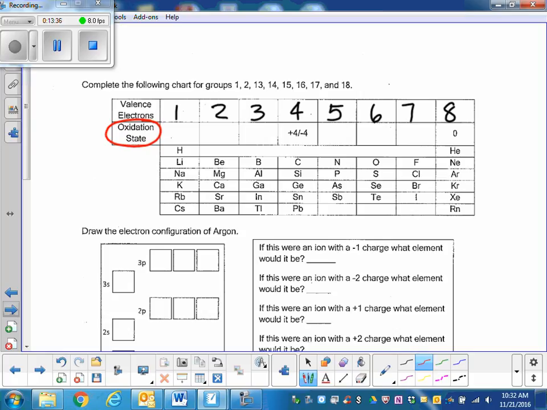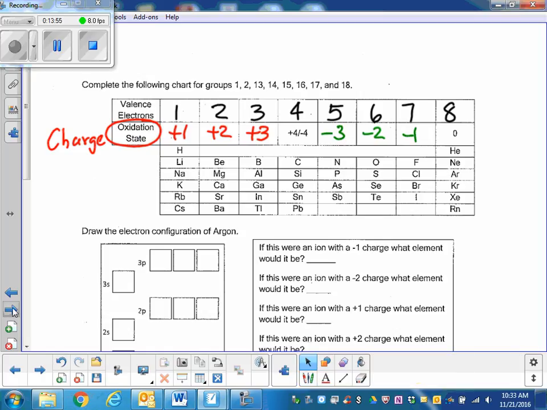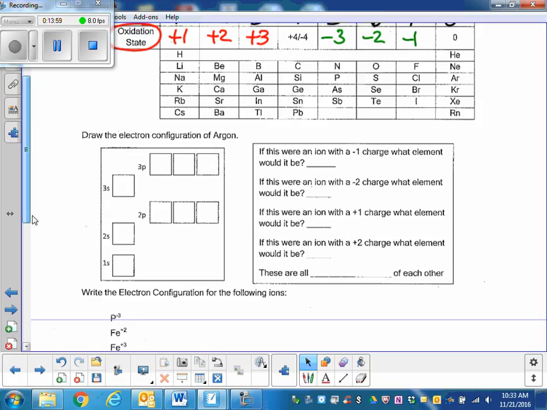It means nothing but the charge. So it's +1, +2, +3, ±4, because 4 is halfway of 8. This will be -3, -2. Are we good?